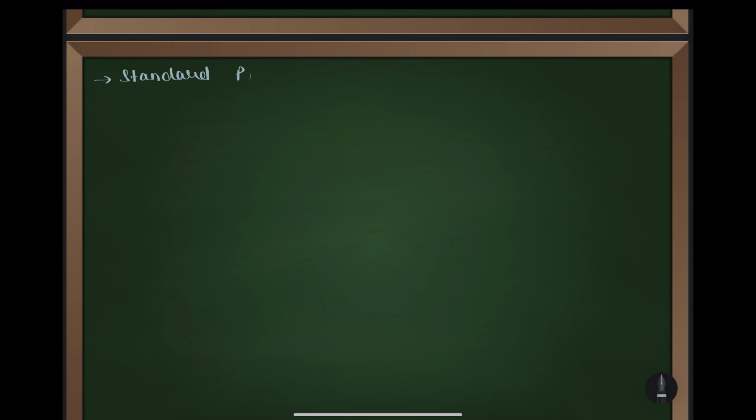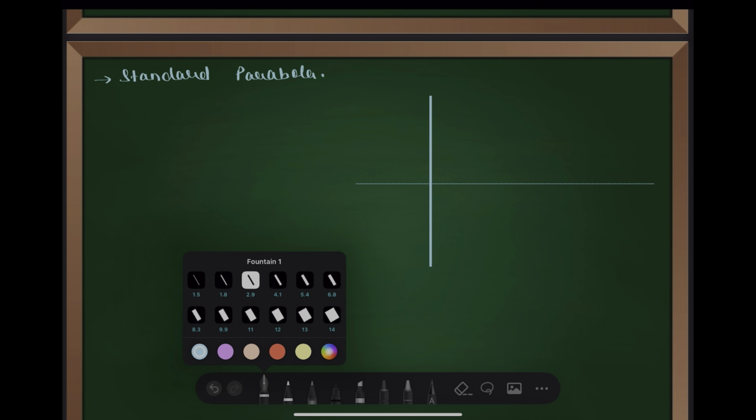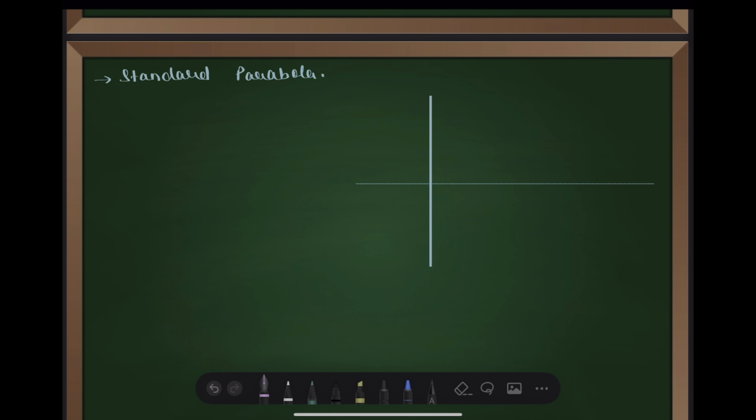Standard parabola. Okay, now you know that in standard parabola I'm talking about this situation. Look at this. Suppose that this is the fixed line, directrix, and this is the fixed point, focus.